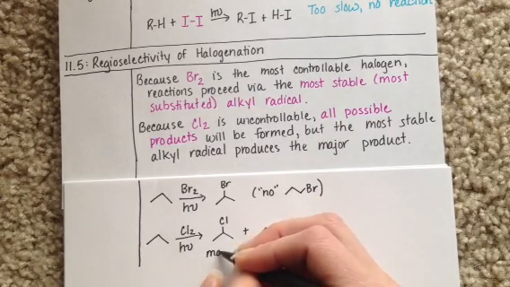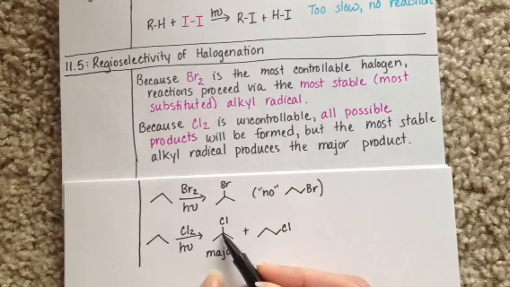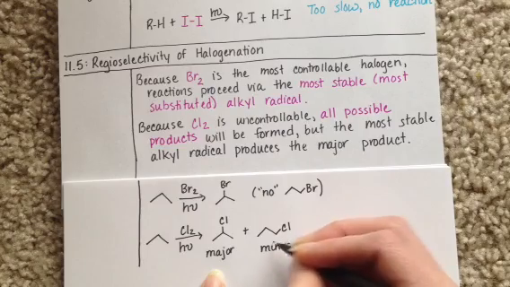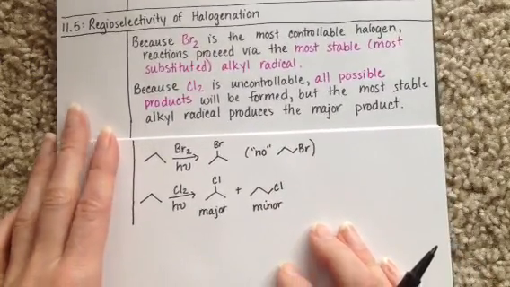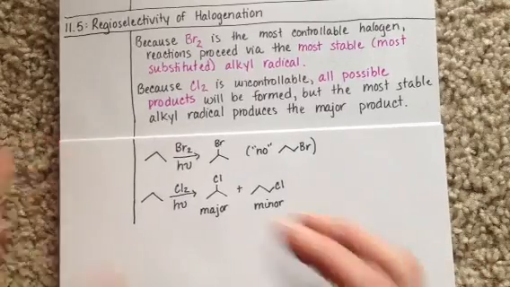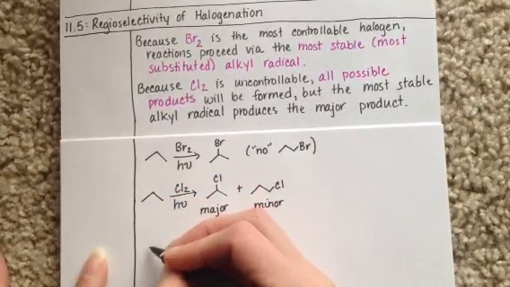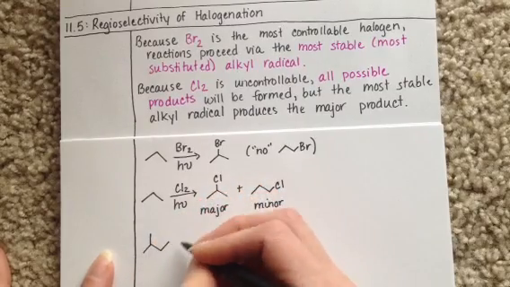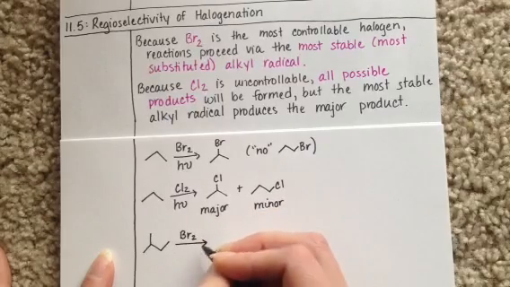We can say that this one is going to be the major product because it's formed from the secondary alkyl radical, and this one's going to be the minor product. Even though it's the minor product, there's going to be enough of it there that it's important for us to write it down on our list of products. So with bromination, we only write down one product. And with chlorination, we write down every single product, and then go back and indicate which one is the major product.